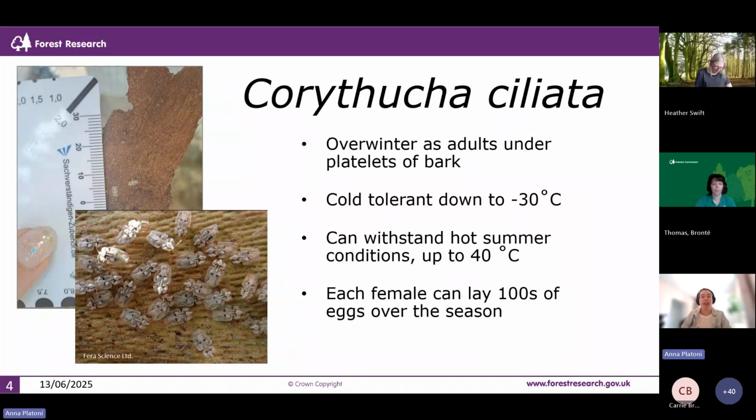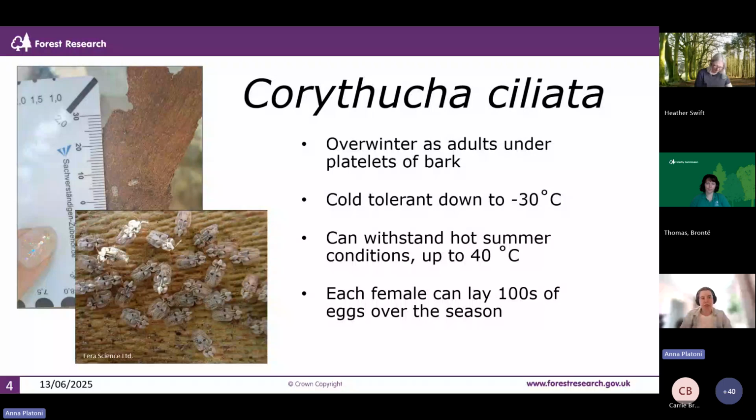Individuals have been recorded surviving temperatures of down to -30 degrees on the continent. At the other extreme, they've been recorded withstanding hot summer conditions of up to 40 degrees. So despite their delicate appearance, they're pretty hardy things. Over the season, each female can lay hundreds of eggs, and this means that populations can grow quickly.